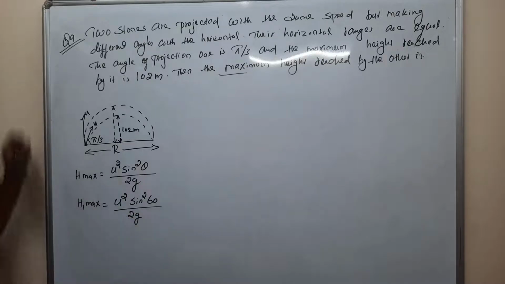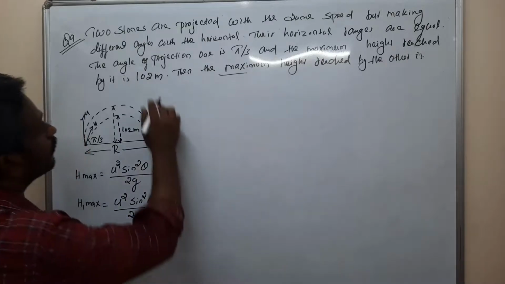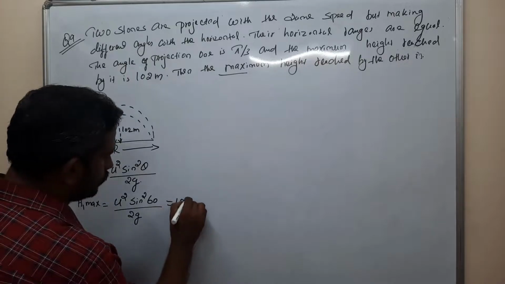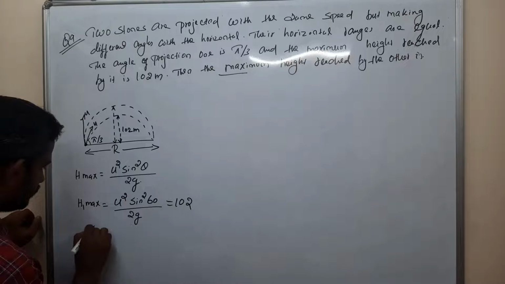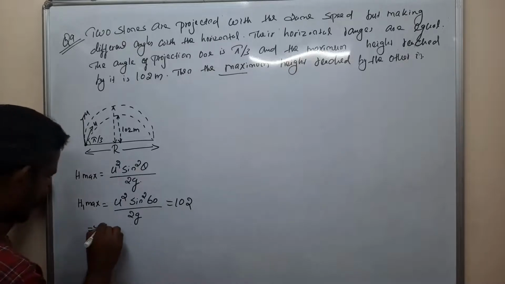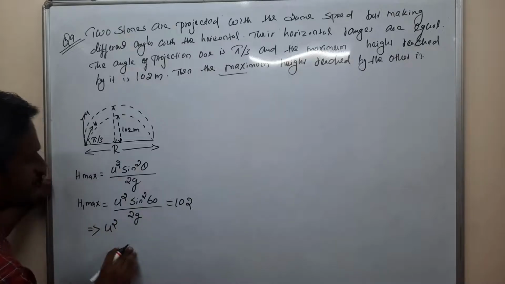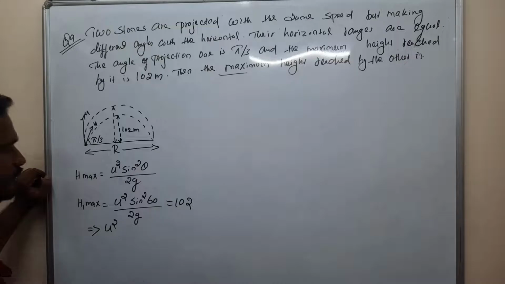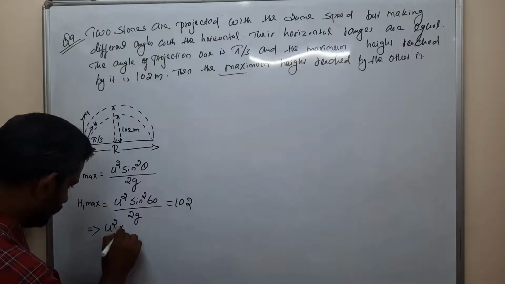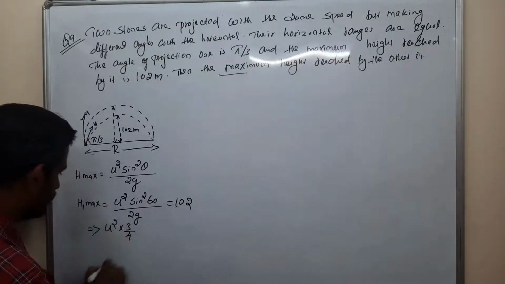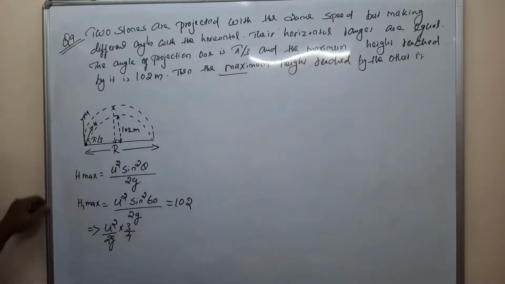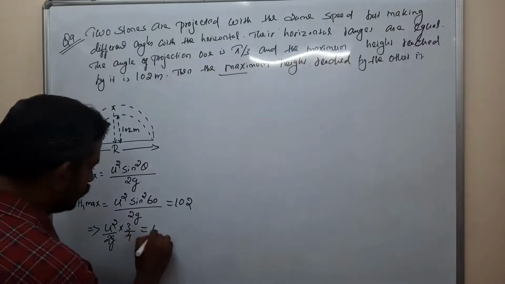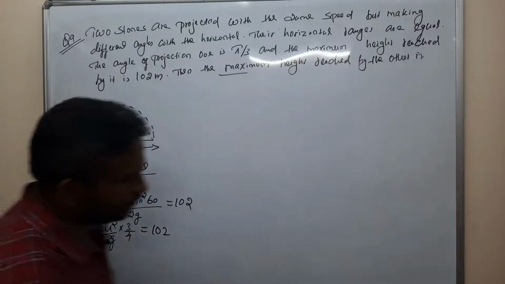It is given that this is 102 meter. So u² by 2g into sin² 60, that is (√3/2)² = 3/4, is equal to 102.